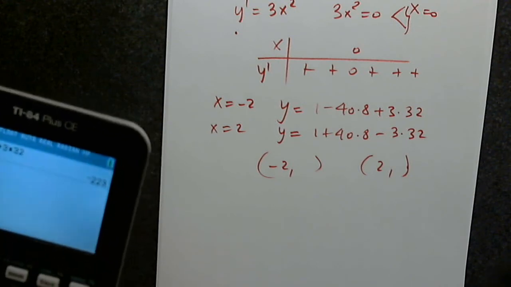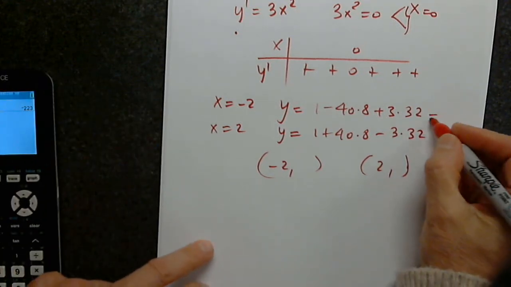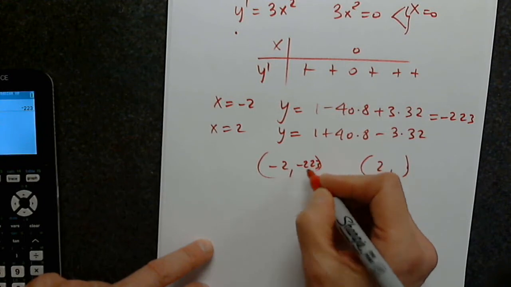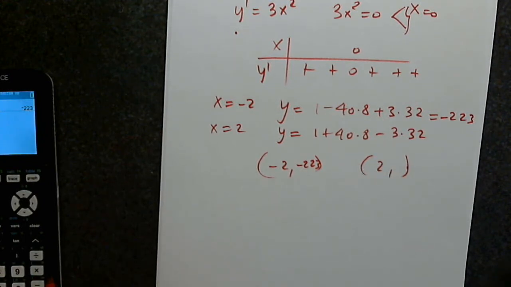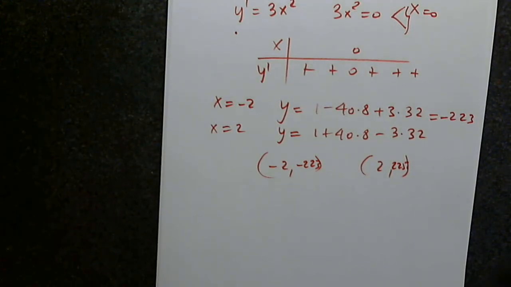I got negative 223, is that correct? And the other one is 1 plus 320 minus 3 times 32. I got 225. So the ordered pairs at which the function has the largest slopes are -2 comma -223 and 2 comma 225. And this is a maximization problem.